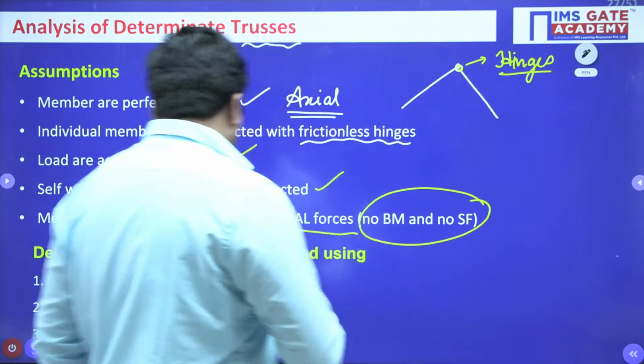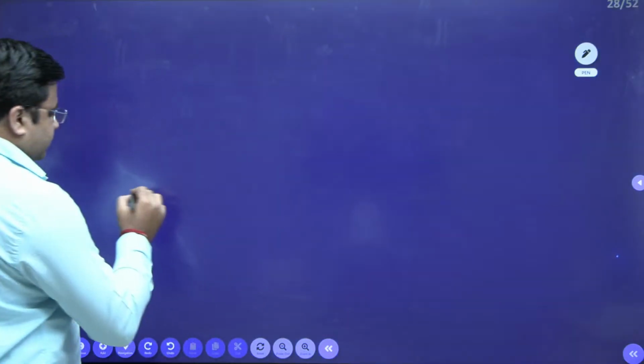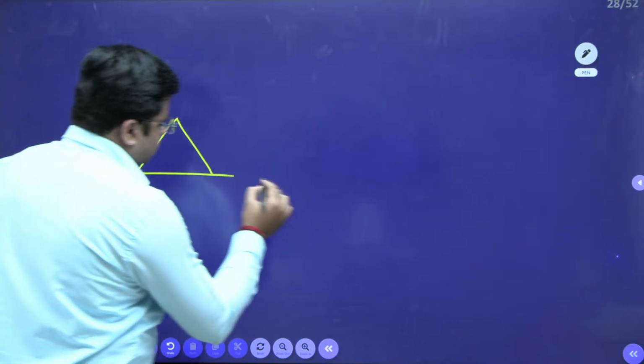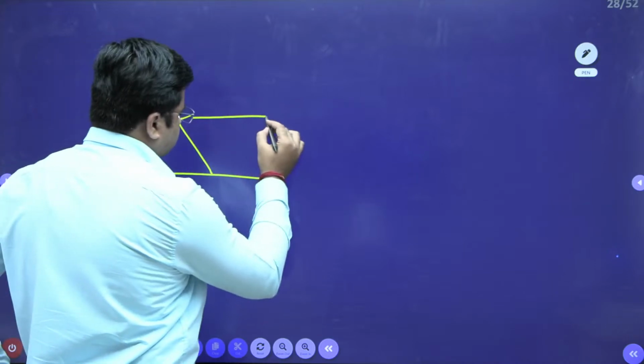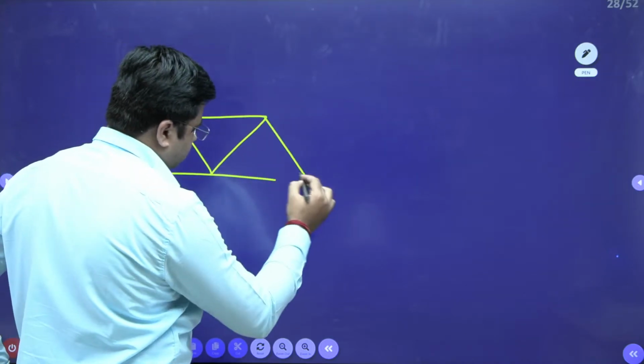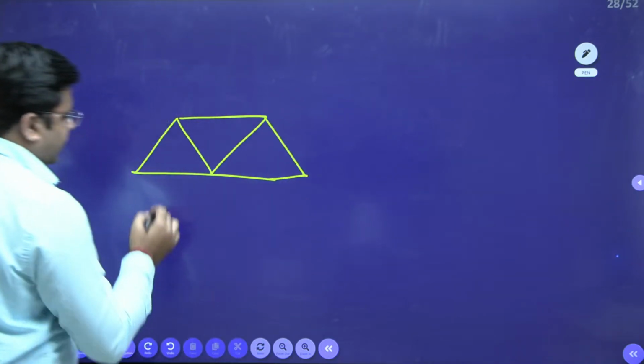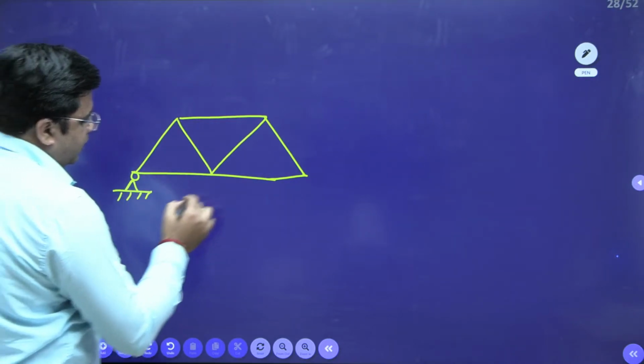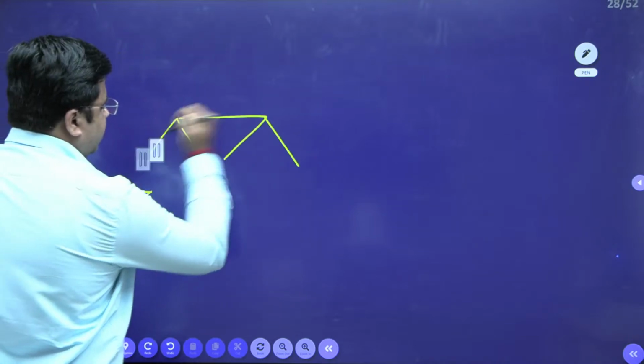If I consider a simple truss like this, let me quickly draw it.